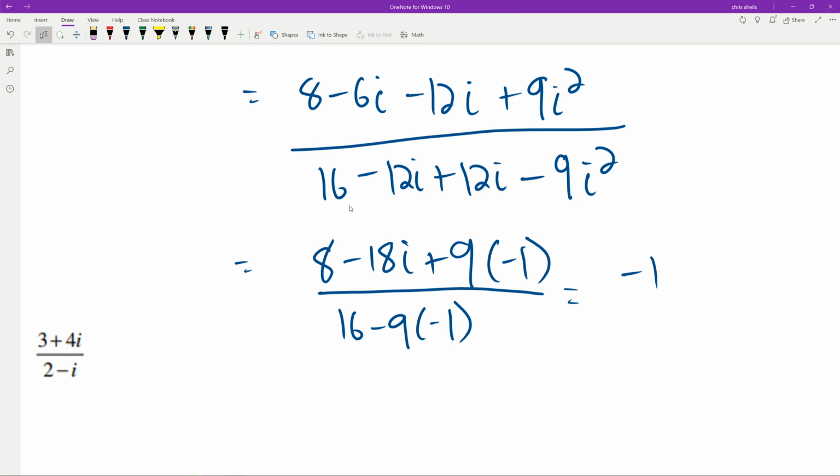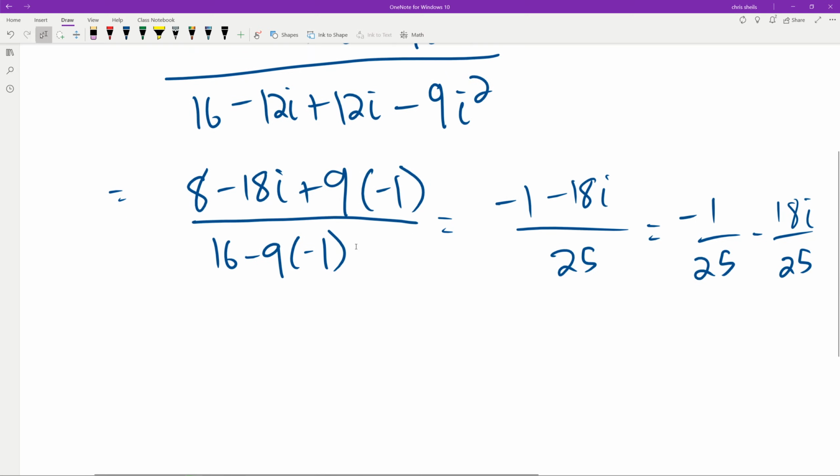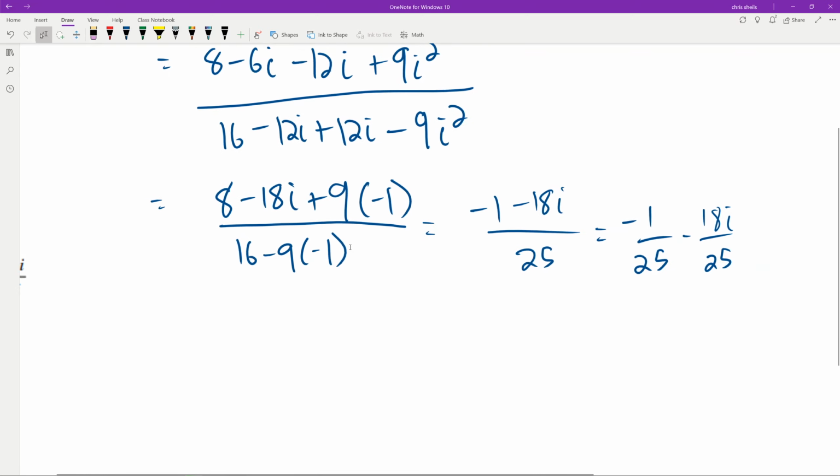That's negative 1 minus 18i over 16 minus negative 9, which is 16 plus 9, which is 25. And we might write this as negative 1/25 minus 18i over 25. Just break these up into two separate fractions.